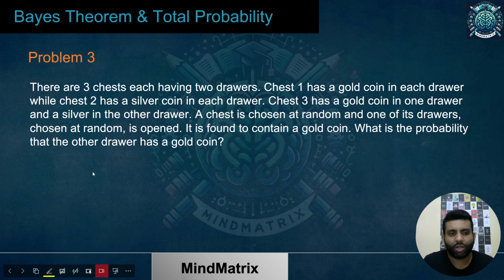Let me talk about an event A, which means you are getting a gold coin in the first drawer you have picked up.